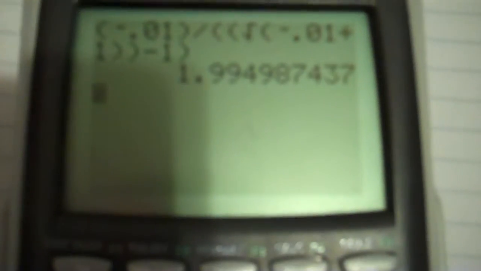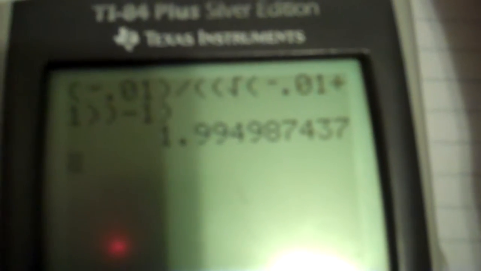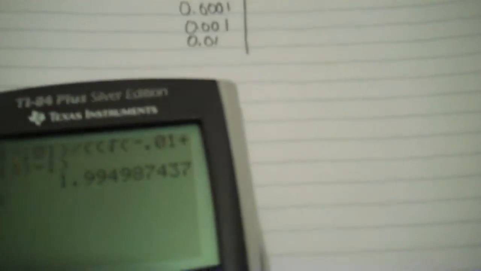We're going to put the parentheses around that to close off the rational thing. Okay, so minus 1 we're going to plug in, and we're going to close that off. So we're going to enter this, and we're going to get 1.99498, etc.